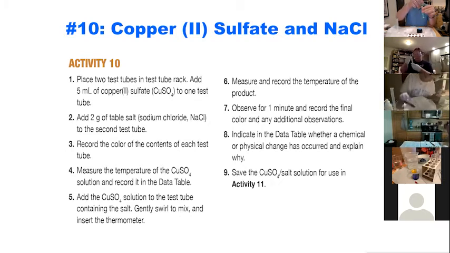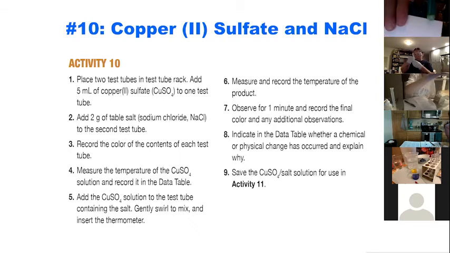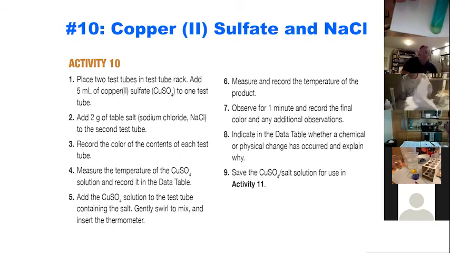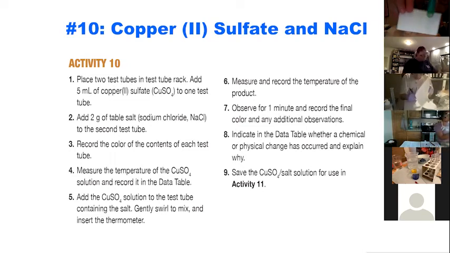And I don't think it's NaCl because it appears to be a different color. If you look really closely, it appears to be almost a brownish yellow color. Sodium chloride isn't that color. Sodium chloride is white crystals.